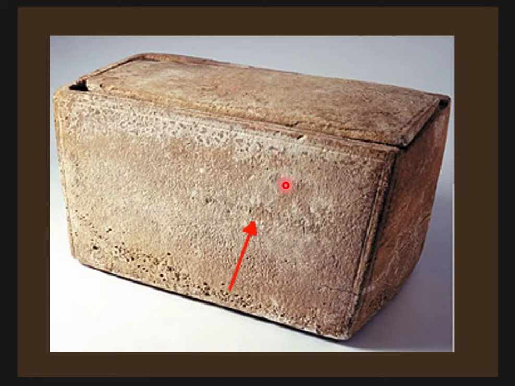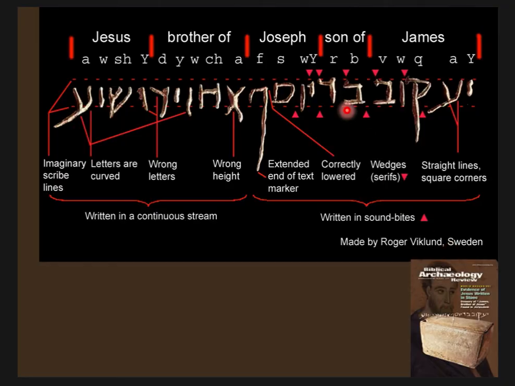Typically, around the time of Jesus, during the Roman period in Judea, people would be buried in tombs, and when their bodies had decomposed, their bones would be collected into a small limestone box with the name of the individual on it. Now, in this case, this box became very famous because it had an inscription that read, James, son of Joseph, brother of Jesus, Yeshua.